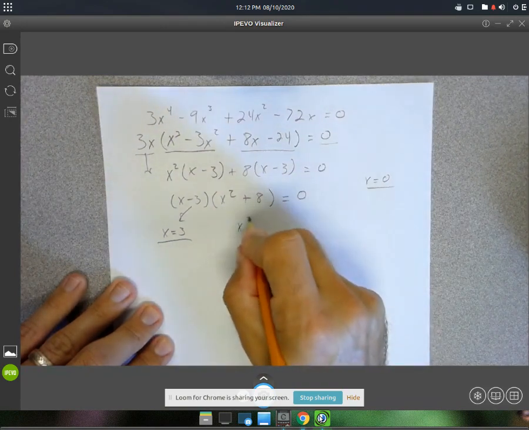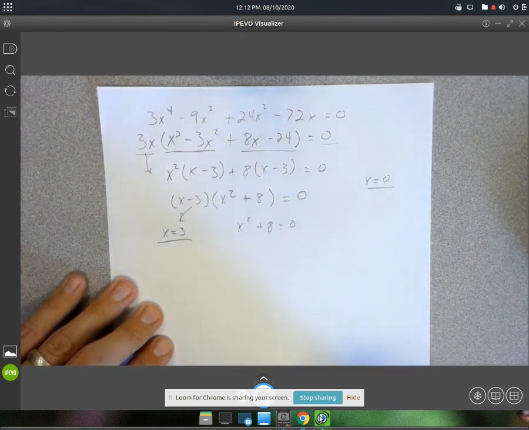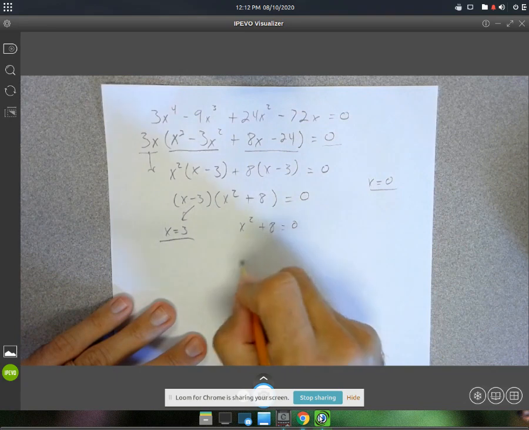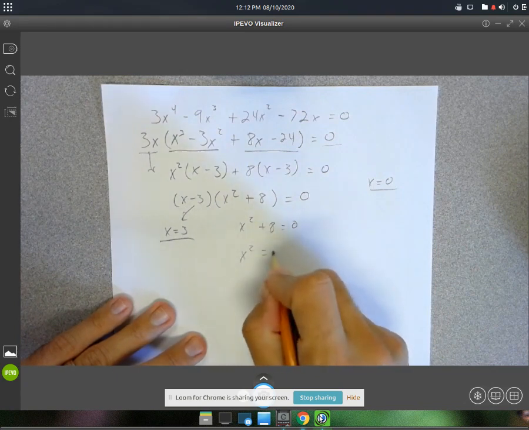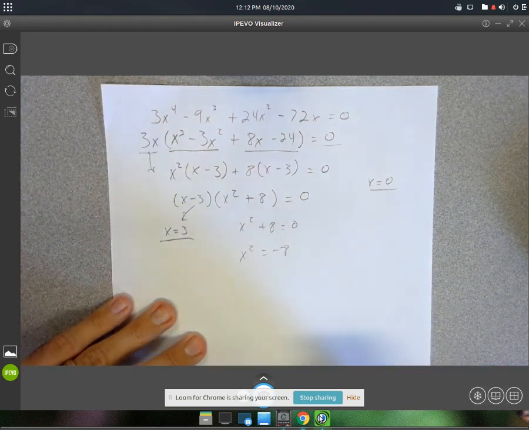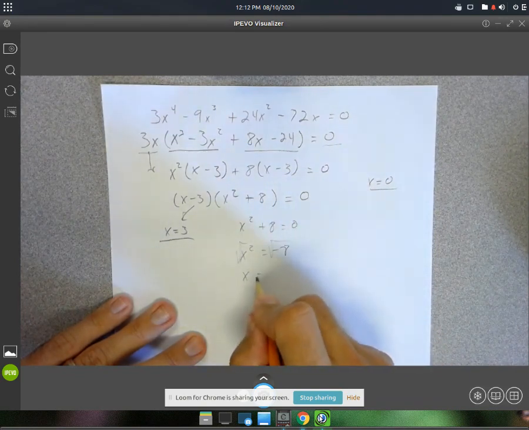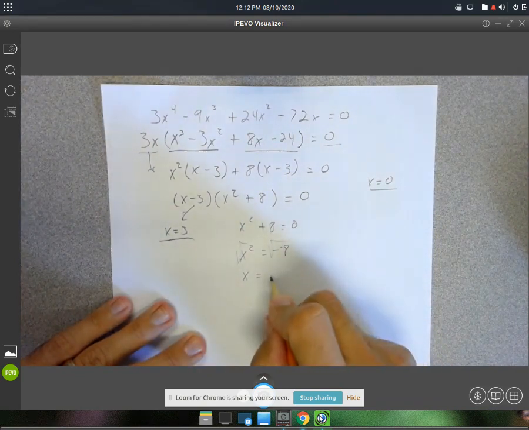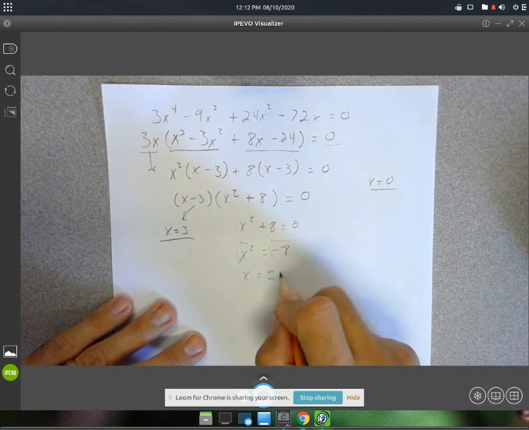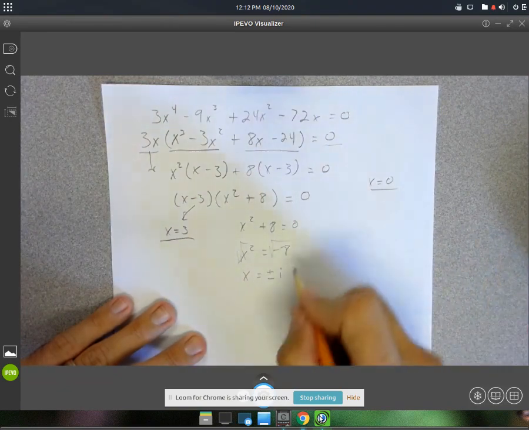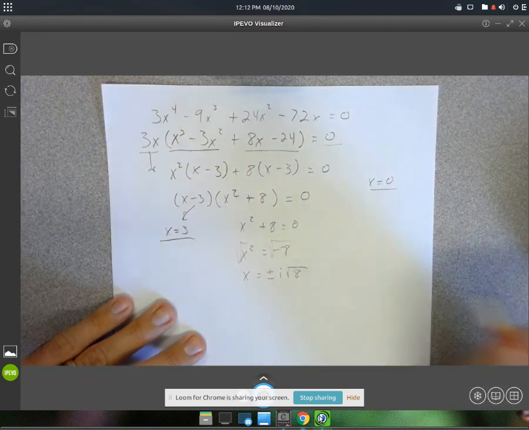This one, x squared plus 8 equals 0. You'll subtract 8. And now when you square root both sides, x will equal plus or minus, well, the square root of a negative, I know there's going to be an i on the outside, and then you'll have the square root of 8.